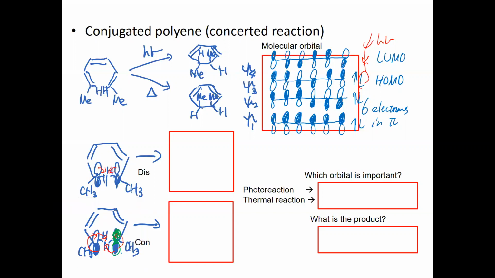And then in this case, what will happen? Since the closing reaction gives the methyls in the same direction, the methyls on the same side and the hydrogens on the same side, to make the bond.